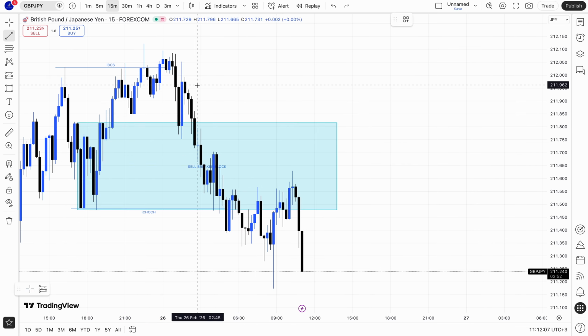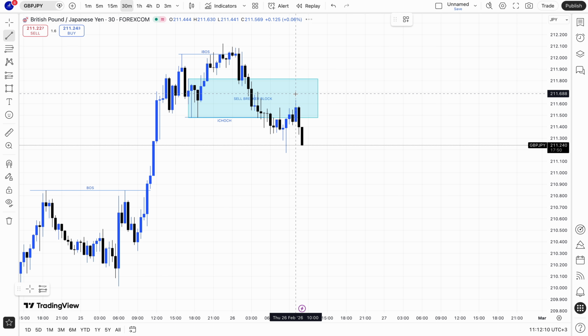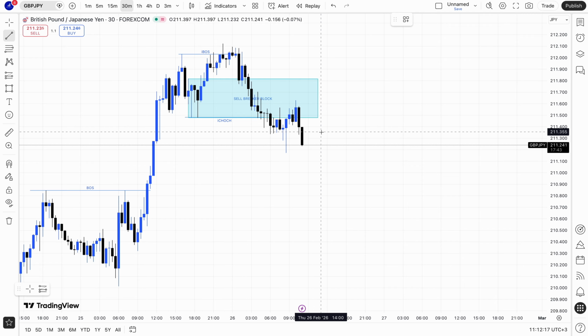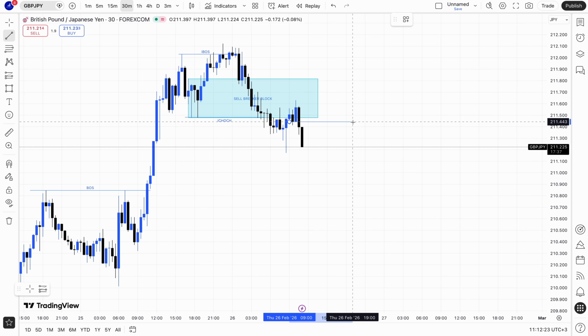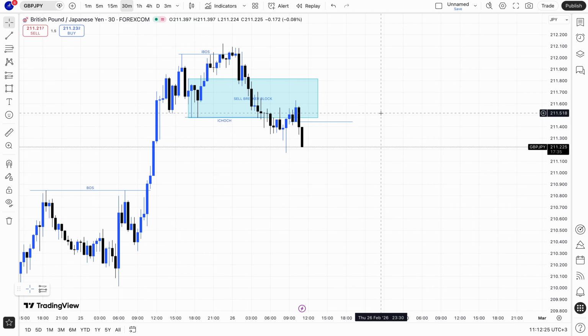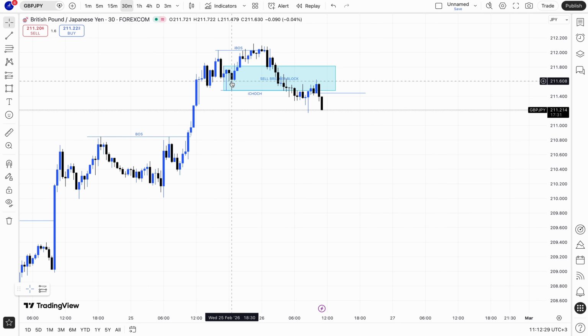So we had that break. You can see we had this first break here, then a continuation here, but we didn't have this break to the downside. Then we had another one, then we had this break, which is very clean, and it's our sell confirmation. Then we're looking forward to sell this, right?